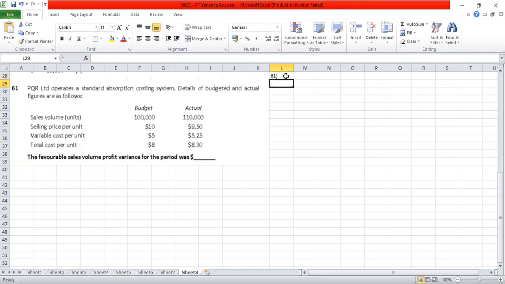PQR Limited operates a standard absorption costing system. Details of budgeted and actual figures are as follows. We have sales volume in number of units, selling price per unit, variable cost per unit, total cost per unit.